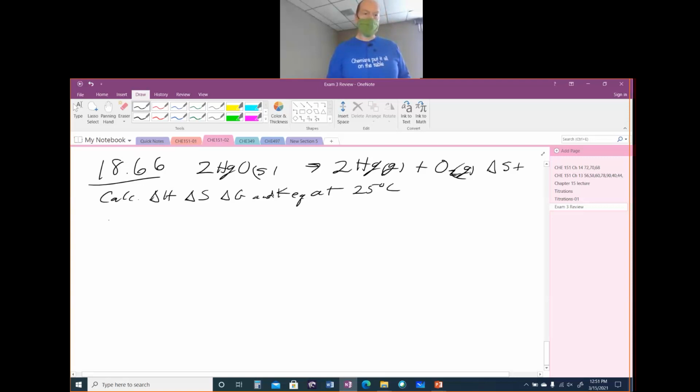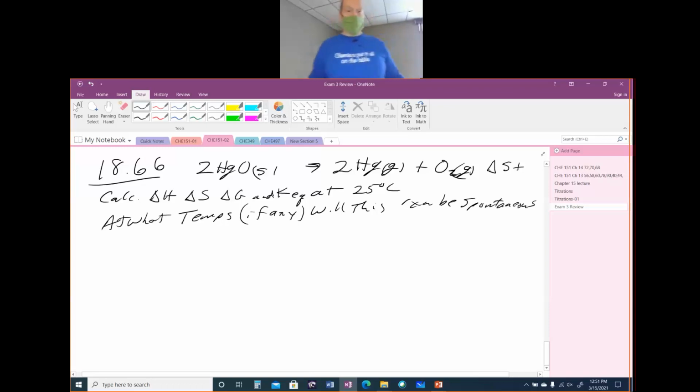And then at what temperatures, if any, will this reaction be spontaneous? All right, so we go to our table. And so they told us a table number to go to. Appendix C has the tables, yes, so we get our data.